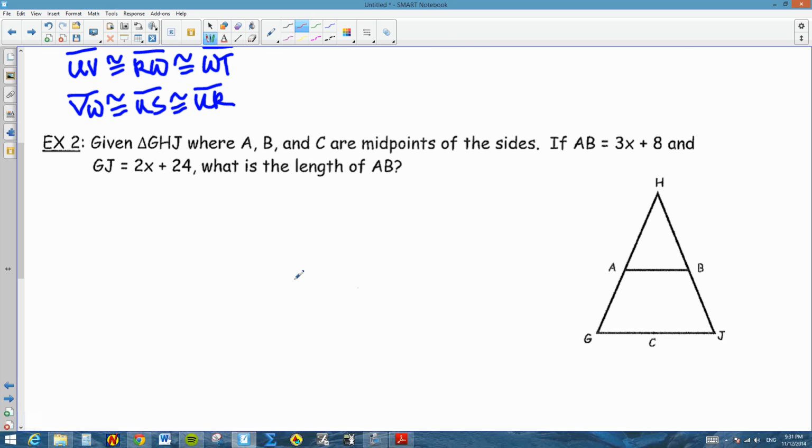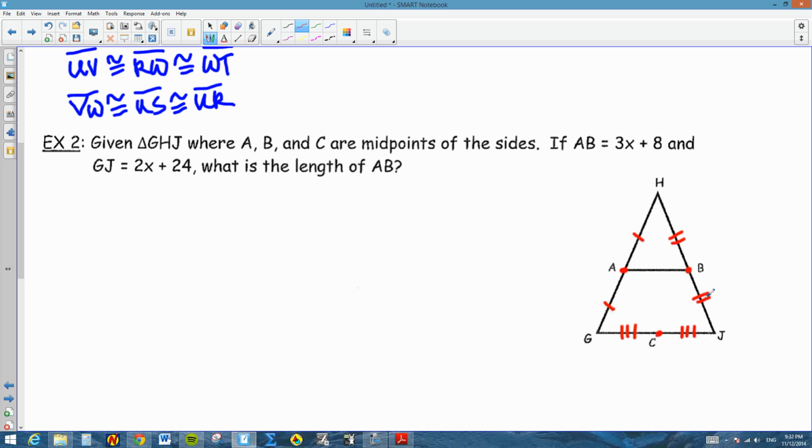Let's do example 2. Example 2, given triangle GHJ, and A, B, C are midpoints. So if A, B, C are midpoints, we can mark A, B, and C as midpoints. So this is equal to that, this is equal to that, and of course this will equal this. Midpoint, cutting in half.